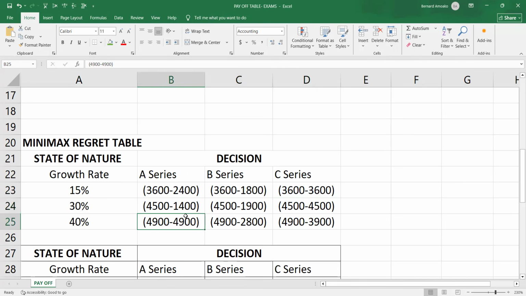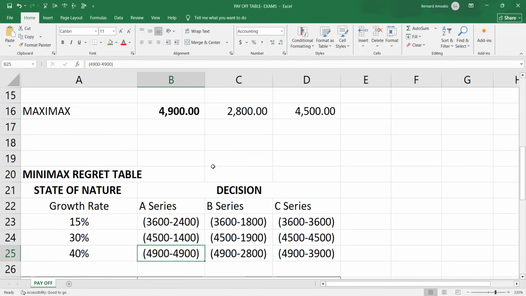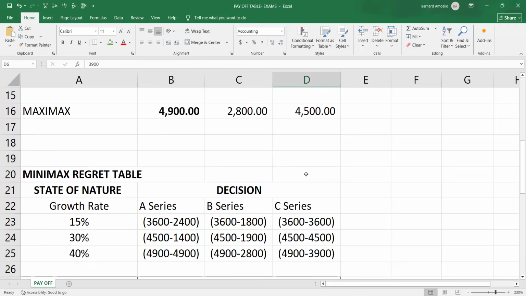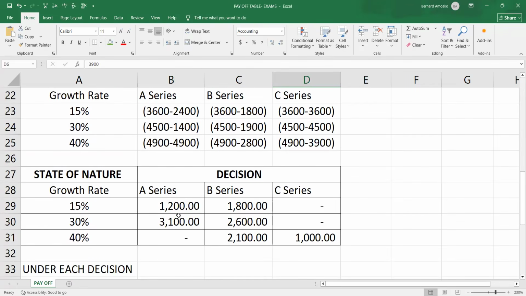When I come to the 40%, the highest was 4,900. So if I go in for 4,900 and I have 4,900, I don't lose. If I select the next option, B series, if I select 2,800, leaving 4,900, I'll make a loss. So this is the regret table.